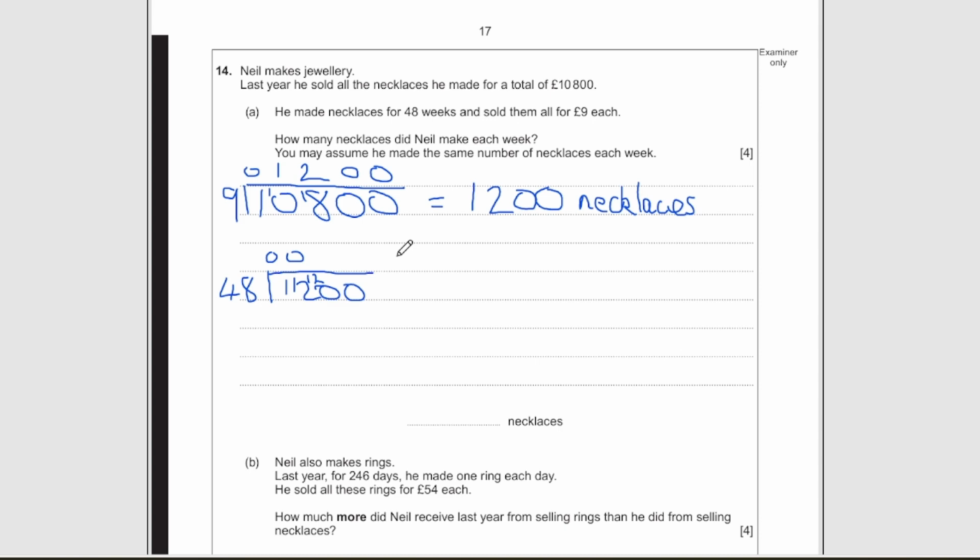We can't go any more than that, so it's 2. 120 minus 96 is 24. So we're carrying 24 across. How many 48s into 240? Well, 48 times 10 is 480. Half it is 240, so that is 5. So 25 is our answer. 25 necklaces a week.